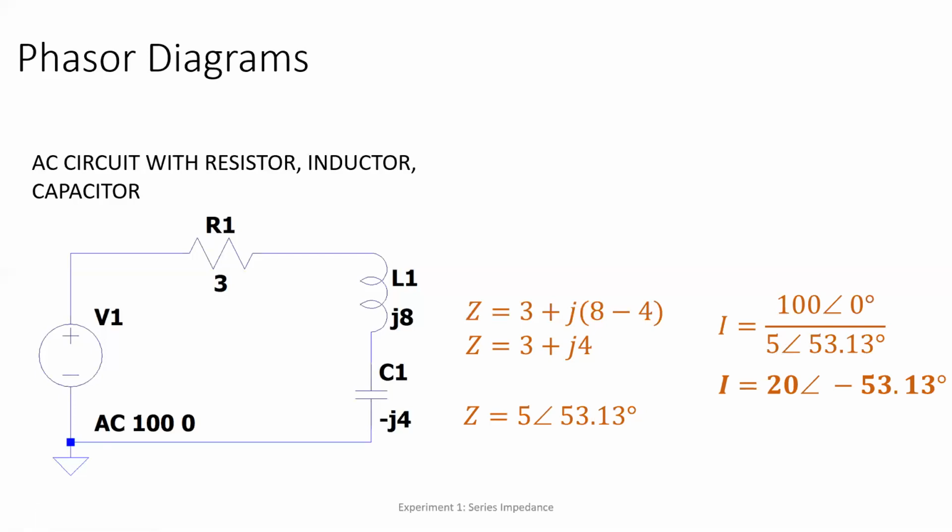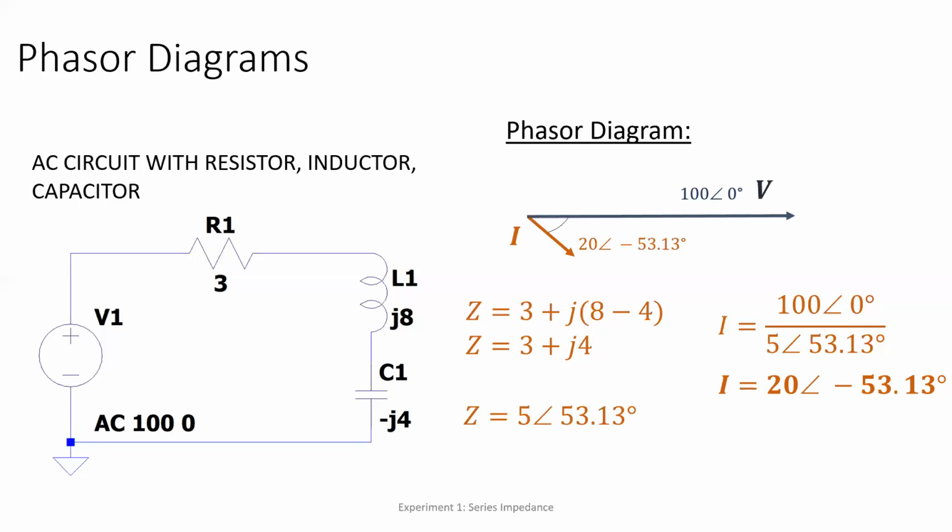Okay. That means this is inductive. Remember, in a purely inductive circuit, earlier we have negative 90 degrees for the angle of current. So here, since we have a capacitive component, it will just be between 0 and negative 90 degrees.